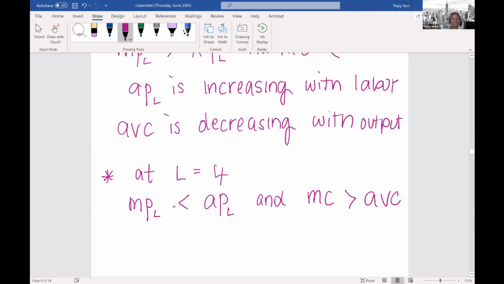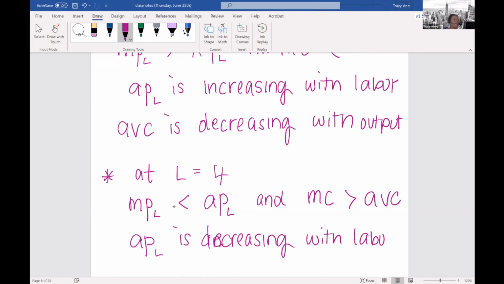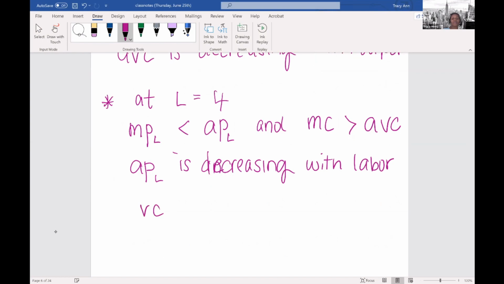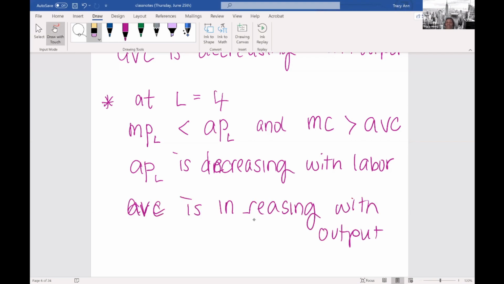So my average product of labor is decreasing with labor, and my average variable cost is increasing. Yes, I know, with output. So everything disappeared. Okay, so my average variable cost is increasing with output. It won't allow me to erase it.